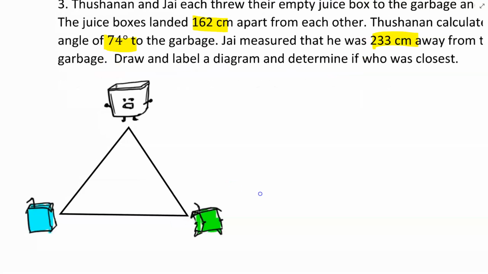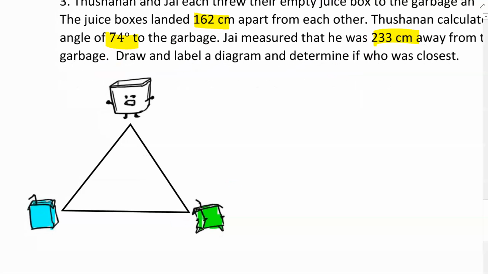We got some values that were given, and the first thing I need to do is provide some perspective on which one is Tru Shannon and which one is Jay. Just in terms of their order of appearance, let's call this one Tru Shannon with a capital letter T, and let's call this Jay with a capital letter J. This one shall be G for garbage.